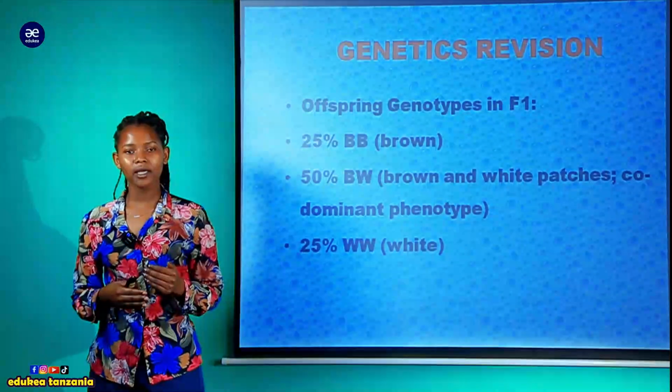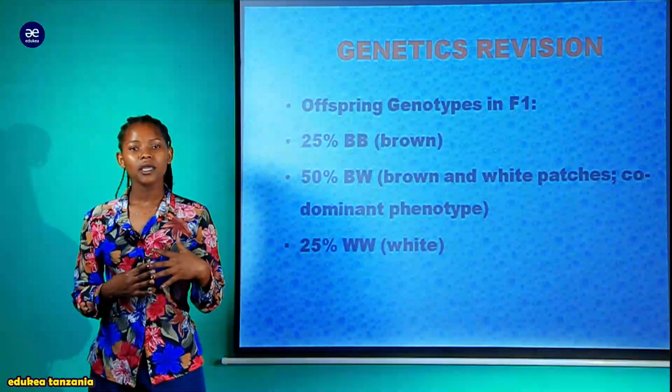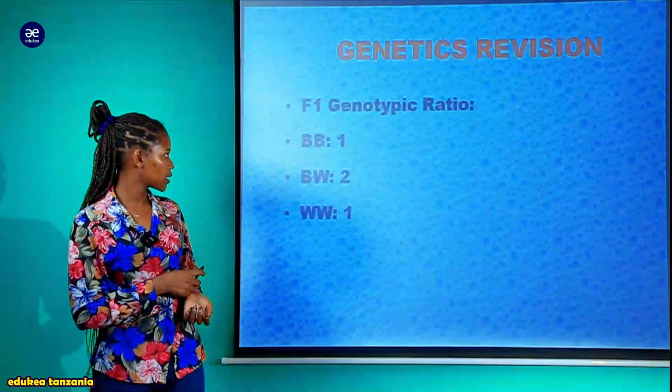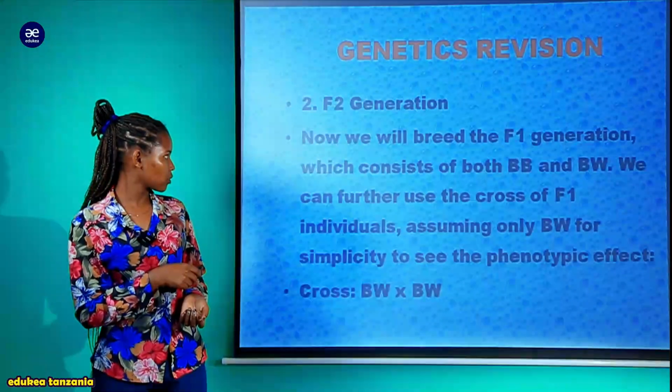And then after looking at F1, let's go and see what if you cross either of these two F1 generation, what will we get? And the F1 genotypic ratio will be 1:2:1.